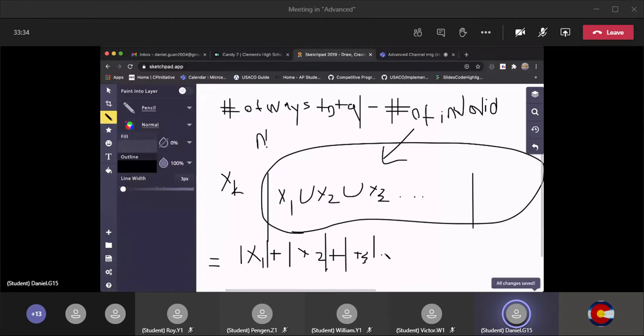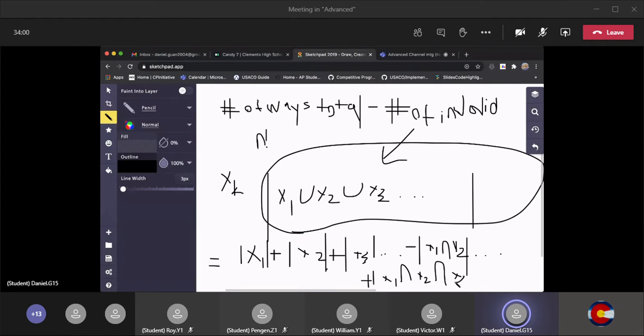I'll assume we only have 3 right here. Minus x of 1 intersection x of 2, and you do this 3 times, and then plus x of 1 intersection x of 2 intersection x of 3.